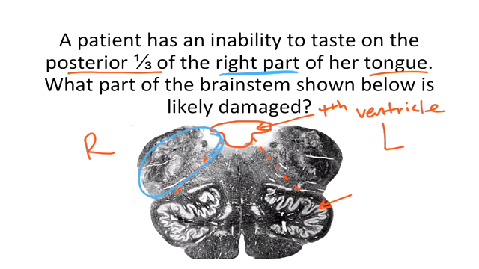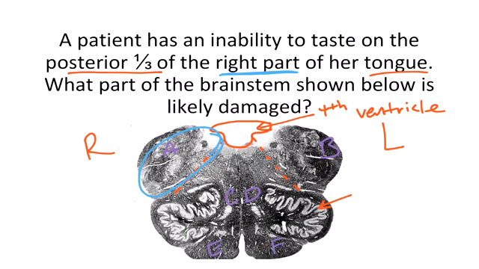More important than knowing the exact location of the sulcus limitans is recognizing that the lateral aspect of the brainstem is responsible for processing cranial nerve sensory information. If you were to see a question like this on step 1, the answer choices would likely be spread out, something like this. You have like A, B, C, D, E, and F.